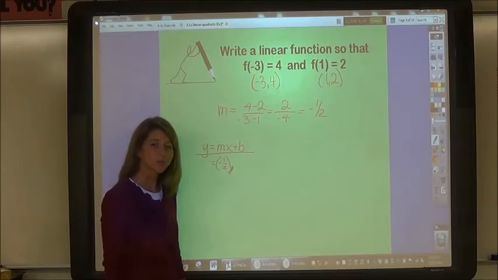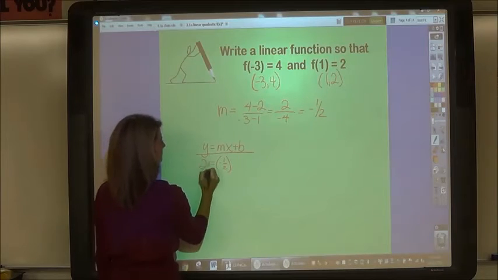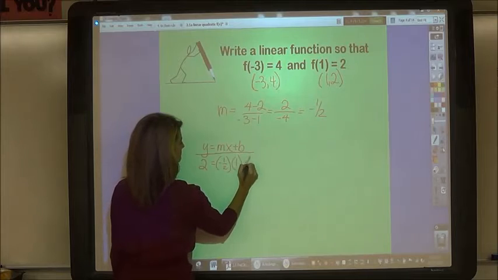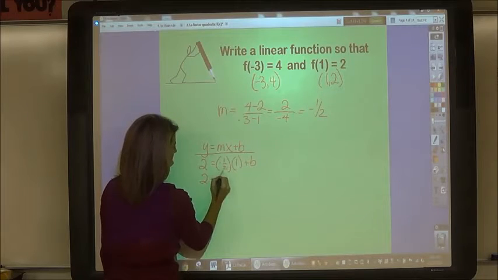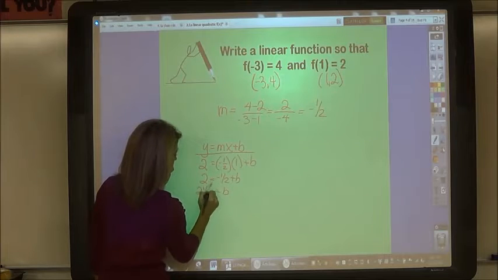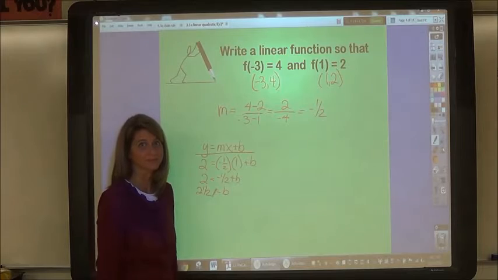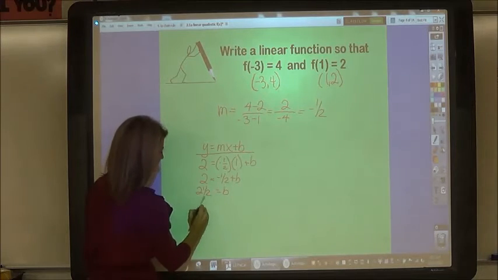I can pick either point. I'm going to go with the point (1, 2). I just had to add a half to 2, so 2 plus a half is 2.5. Now I can write my equation.